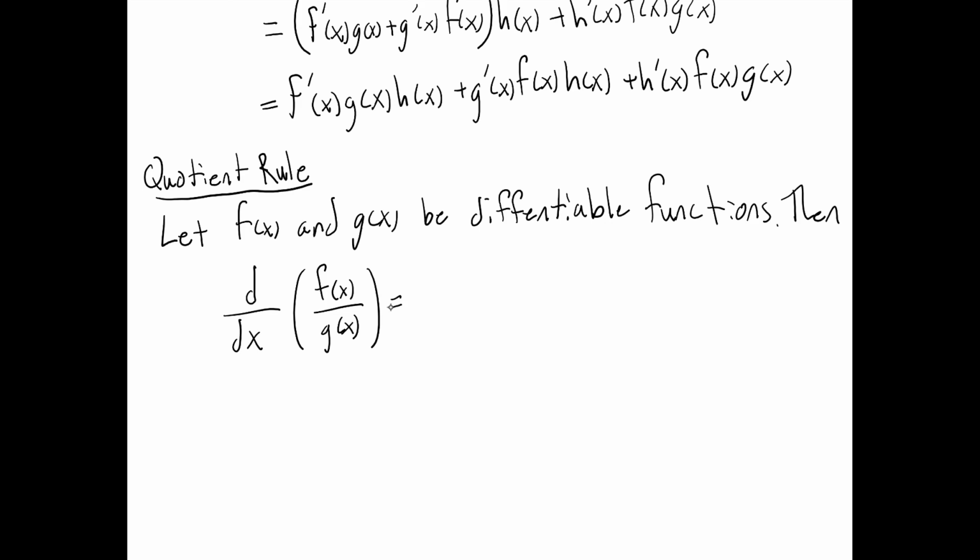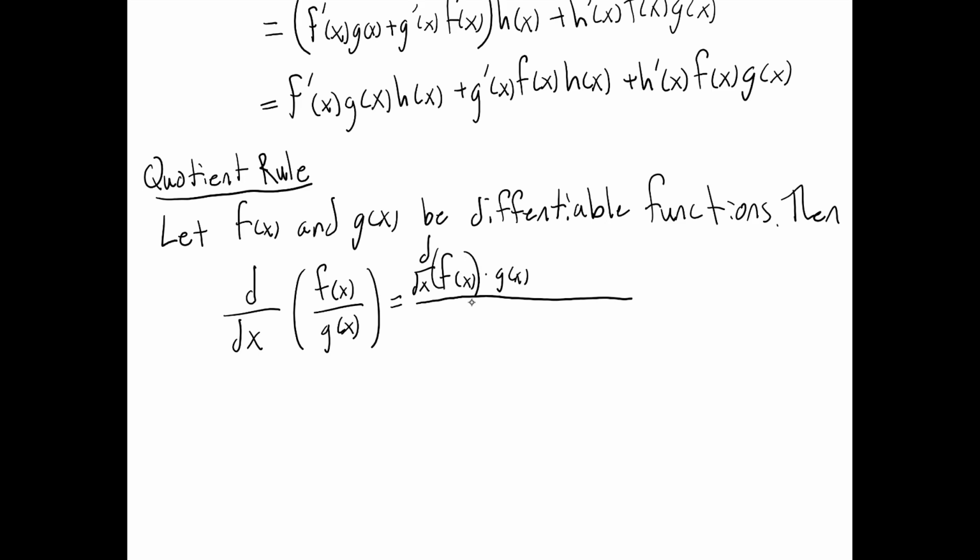Now, here's where that order I talked about with the product rule is important, right? We said the first times the second plus the second times the first. If we think of the first being the numerator, second being the denominator, we get that this is equal to the derivative of the numerator times the denominator.